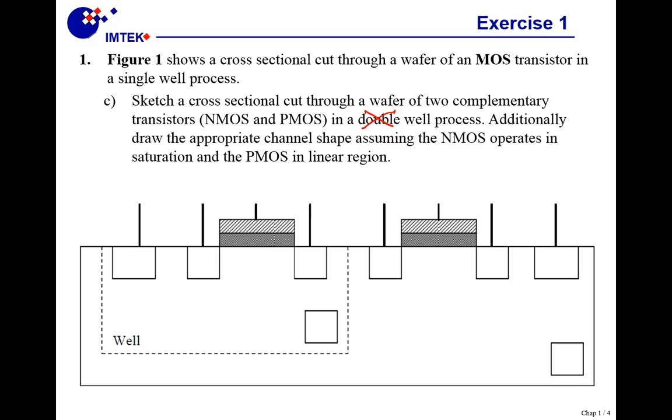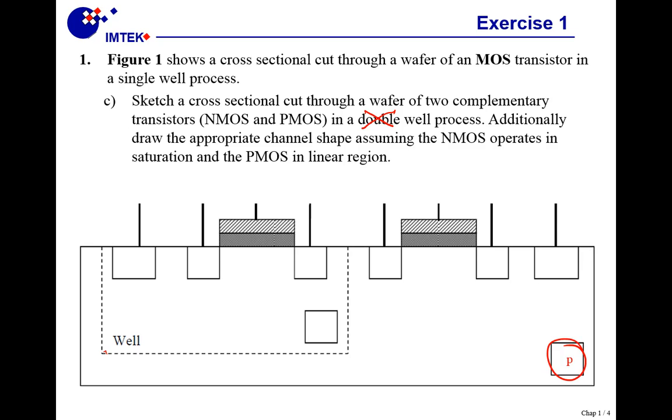Okay, so we have here a single well process. You have one well here, and that's why it's called single well process. The first thing, as in the previous one, is to select the doping of our substrate. Just because it's more common, I'm going to put a P in the substrate, so it's going to be a P substrate.